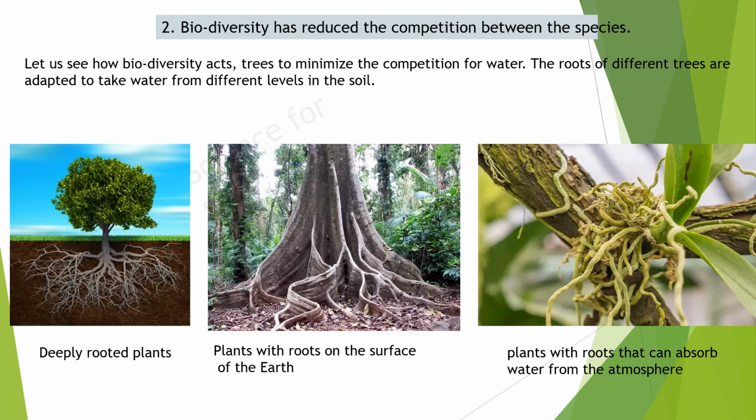Here in this picture, you can see a deeply rooted plant. In the second one, roots are at the surface level of the earth. And the third one is an orchid plant with aerial roots to absorb water from the atmosphere.